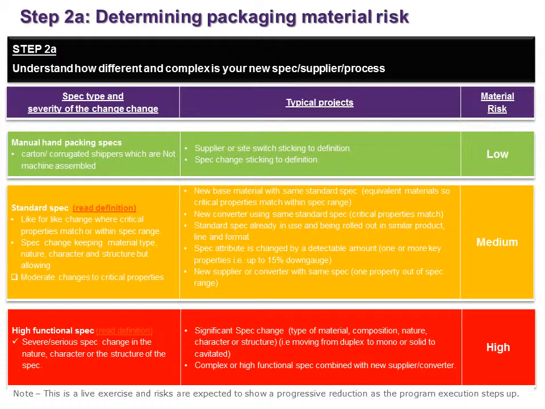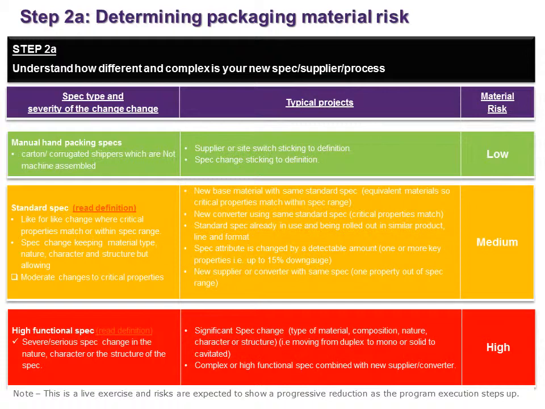Standard specs can change for a like-for-like equivalent, so from base material A to base material B. Another example is a moderate down gauge, as long as the type of material, the nature, and the structure remain the same. High risk is a significant change of the spec.